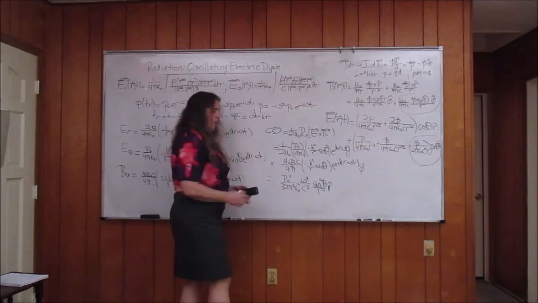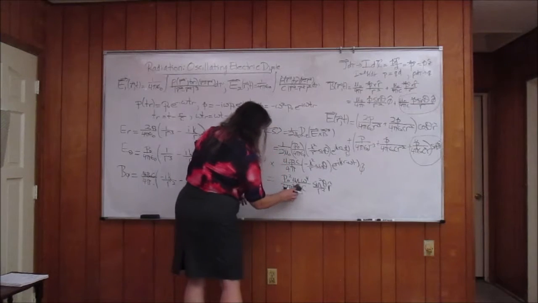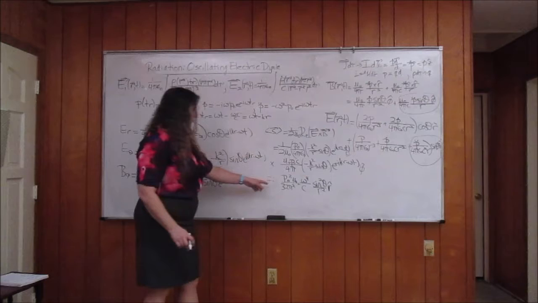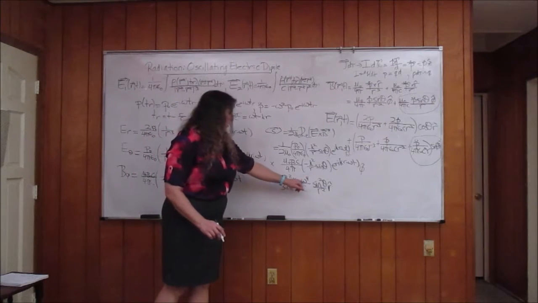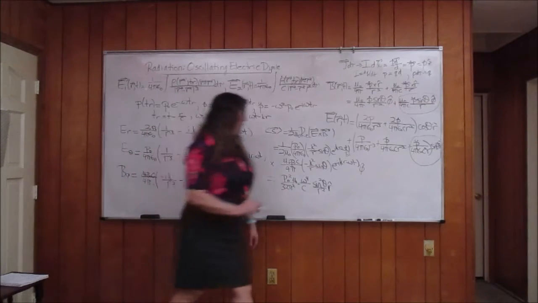And I can replace 1 over c squared by mu naught epsilon naught. So get rid of that and that. So the Poynting vector is equal to p naught squared mu naught over 32 pi squared, omega to the fourth over c, sine squared theta over r squared in the radial direction.